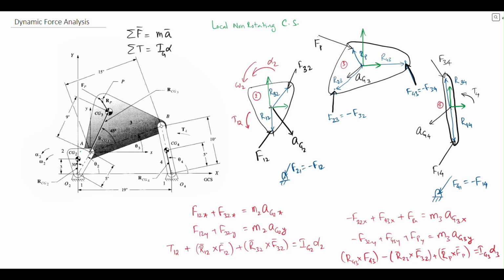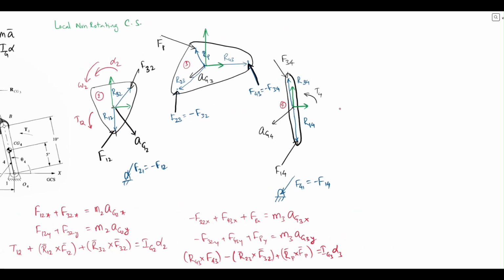Then we can write for the last body. The summations would be F43x plus F41x, well, those are the only two. Those two summed up will give M4 Ag4x. Well, I should have written F34x and F14x.